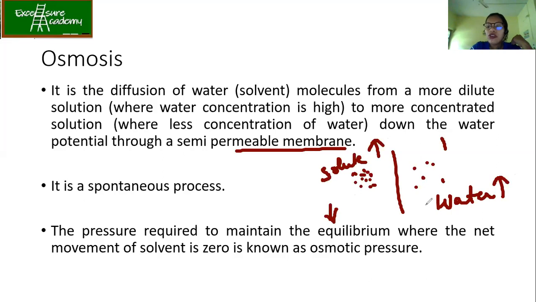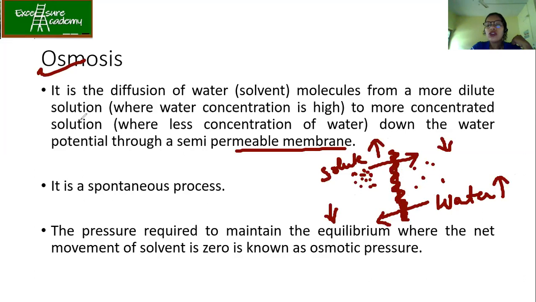So water will move from high to low water concentration, and this has to happen through a semi-permeable membrane. Whenever a semi-permeable membrane is present, it is called osmosis. Otherwise, it becomes simple diffusion.